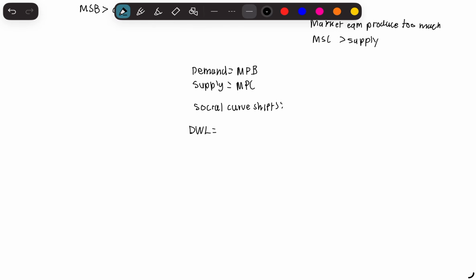Deadweight loss equals when your market quantity is not your socially optimal quantity. It is the lost surplus from inefficiency.